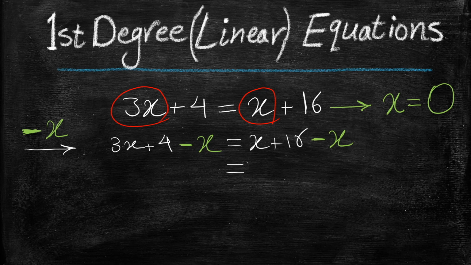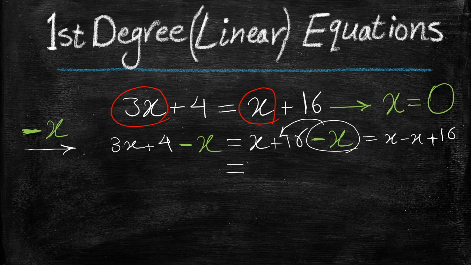So let's do the right hand side first. We have x plus 16 minus x, right? I can write it as x minus x plus 16, right? I just moved this one closer to x. We can move terms in an equation, no problem. So x minus x plus 16.